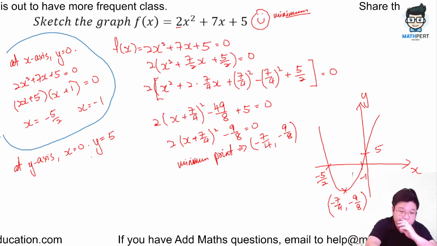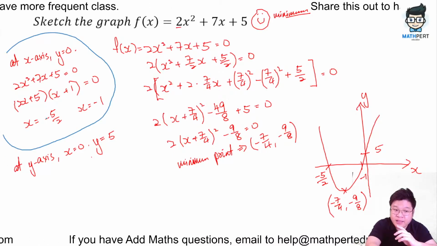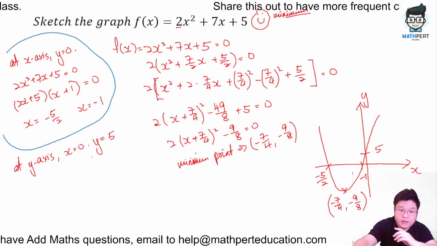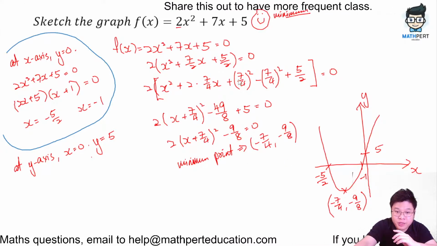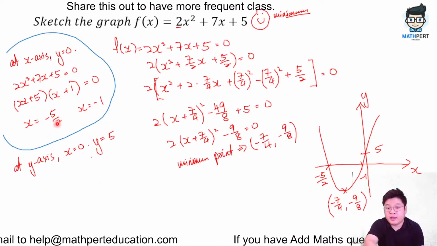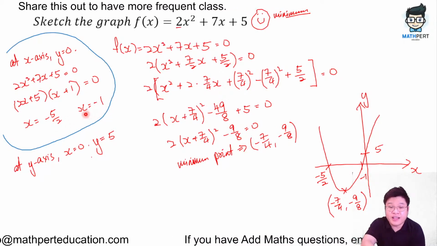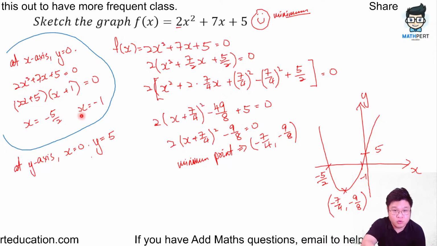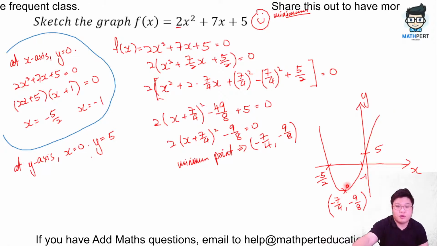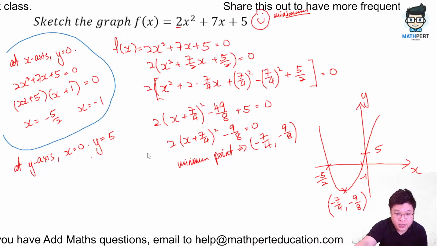Okay, once we factorize, we need to find the midpoint between these two intersections. Which two intersections? Let me point it out. These two intersection points at the x-axis. We need to find the midpoint of these two. The midpoint of this is the minimum point. Okay, this is for your extra knowledge.